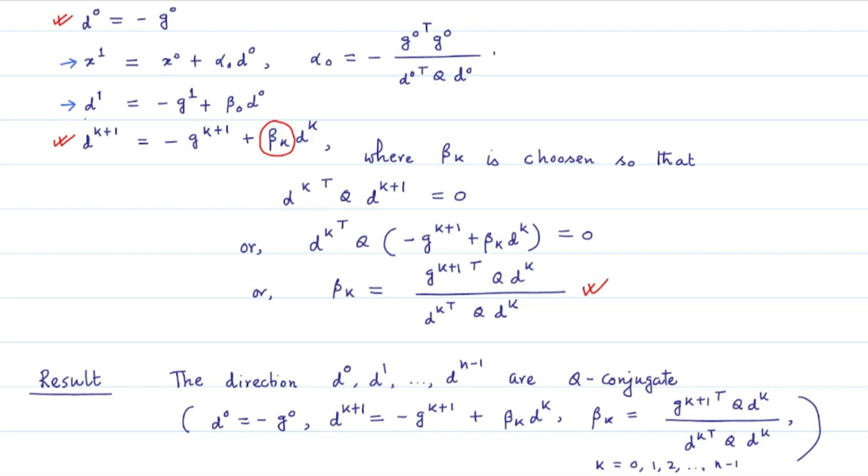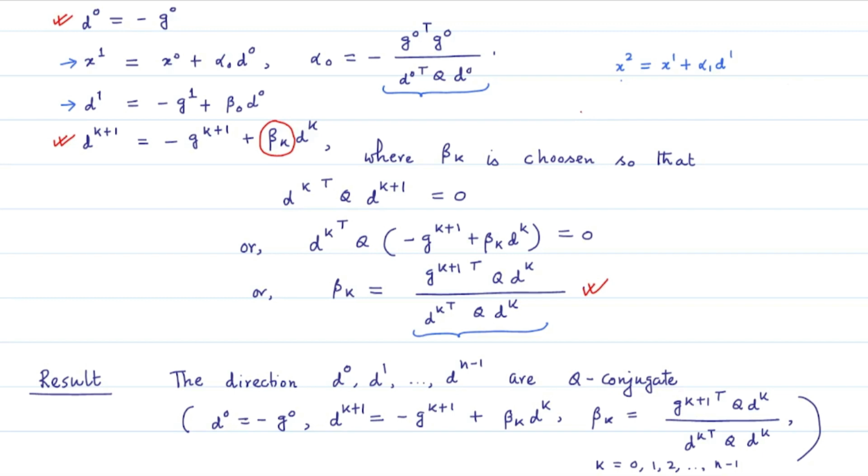So you have gotten the direction d1. Now after finding d1, you compute x2 equal to x1 plus alpha 1 d1, where alpha 1 is given by the exact line search by an expression of this type, and after reaching at x2 you compute d2 given by minus g2 plus beta 1 d1, where beta 1 is given by this expression, and so on.